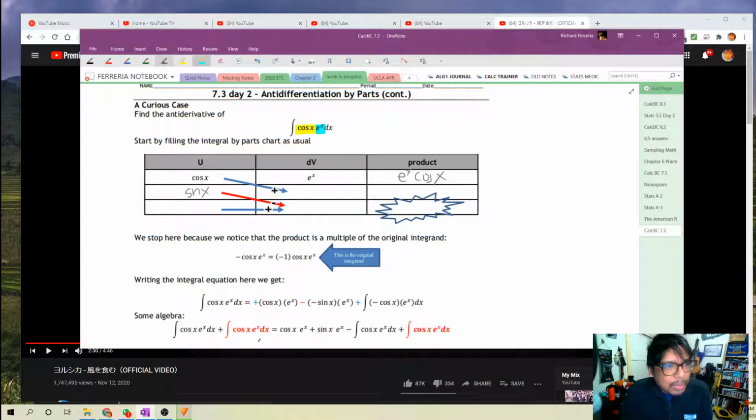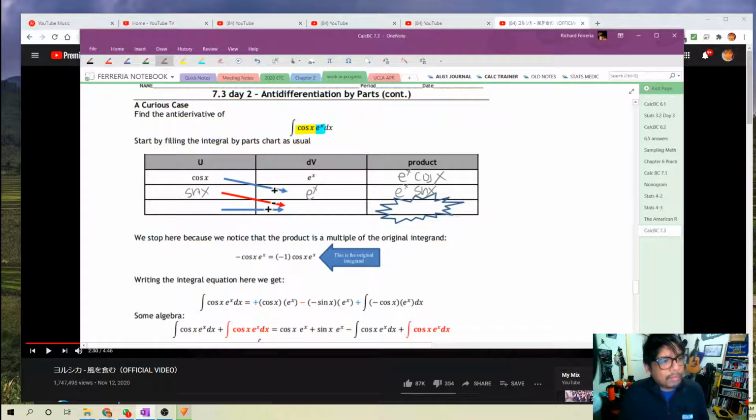That brings us now to this row. All right, so we have u, derivative of cosine is sine, antiderivative of e to the x is e to the x. Okay, that gives me e to the x sine x as my product. That's not integratable. Let's take another derivative.